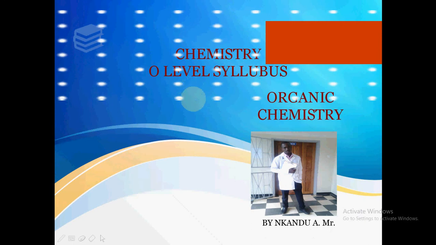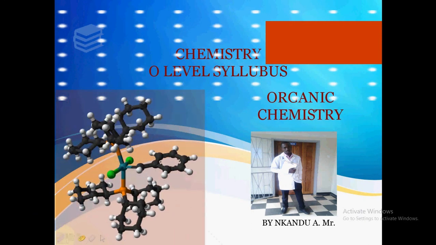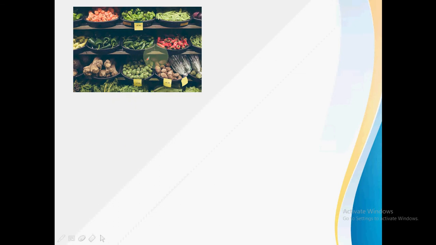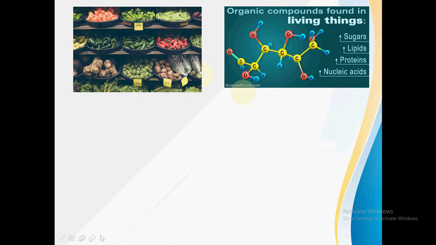Today's lesson topic is organic chemistry, which is one of the topics you have to study during your 3 years course of our Zambian syllabus. This knowledge is very important because it equips us with the understanding of the composition of natural produce, like the one that you can see here, and of sugar, lipids, proteins, and nucleic acids such as DNA.